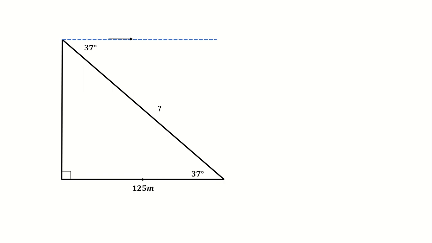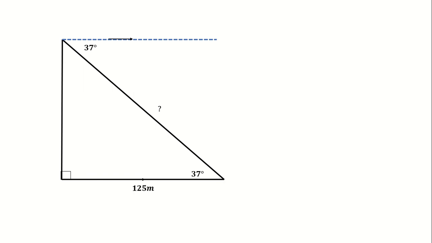We only have one angle in this triangle and one side, and the given side is the adjacent side, and the angle is 37. The hypotenuse is the distance that we need to calculate, the distance between the observer and the object, so we need the ratio that combines the hypotenuse and the adjacent.